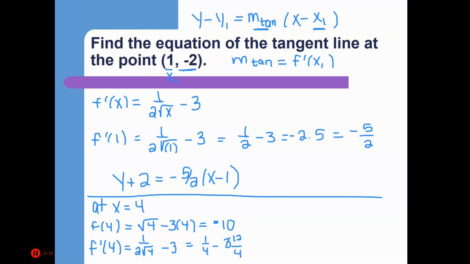So you get negative 11/4. So your equation would be y plus 10 equals negative 11/4 (x minus 4).